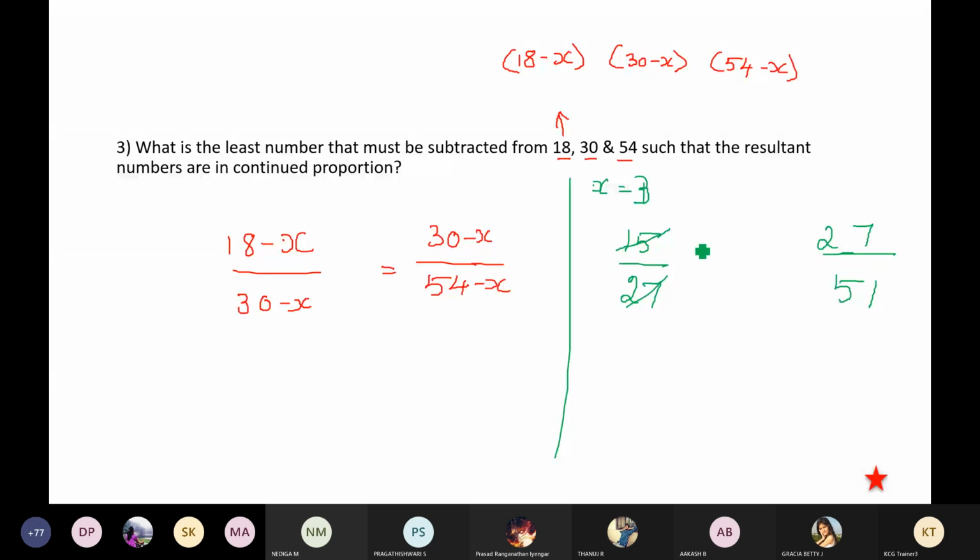Here I get 9 by 17. Are they same? No, they are not same. So definitely the value of x is not equal to 3. Keep substituting, guys.